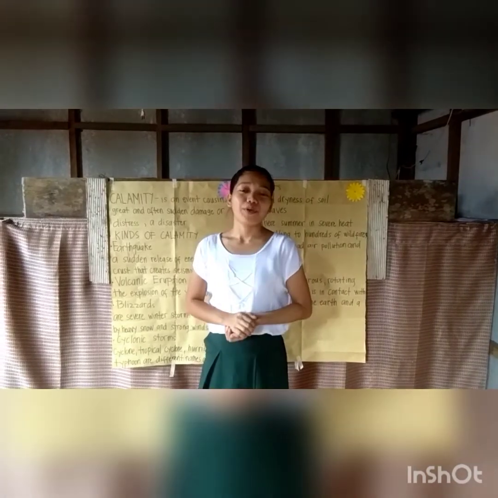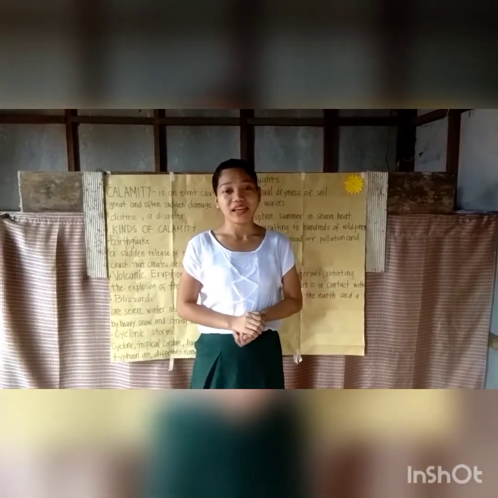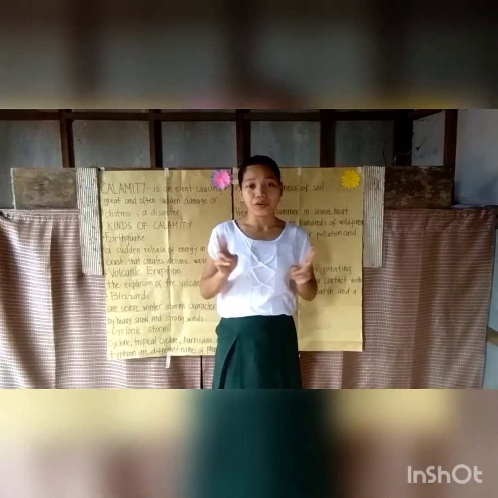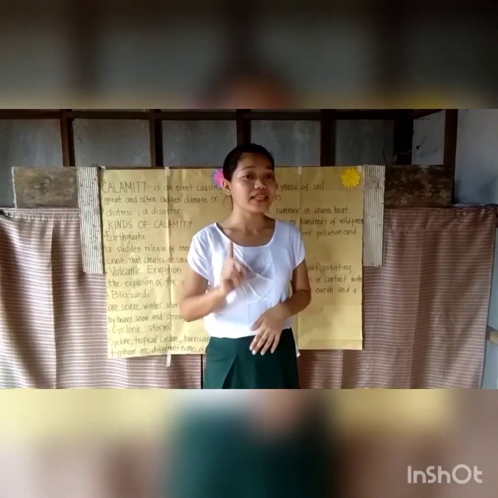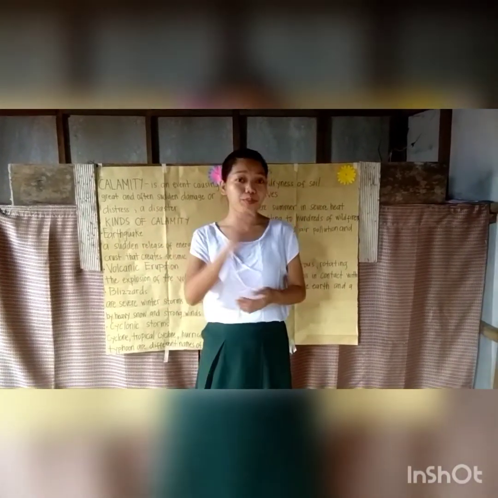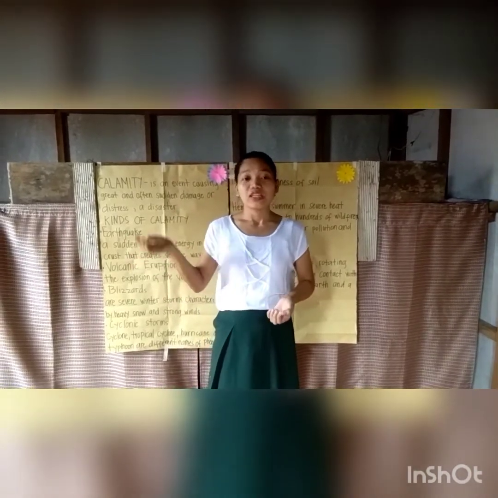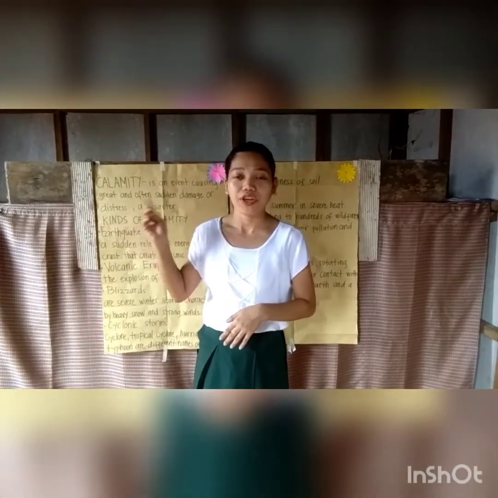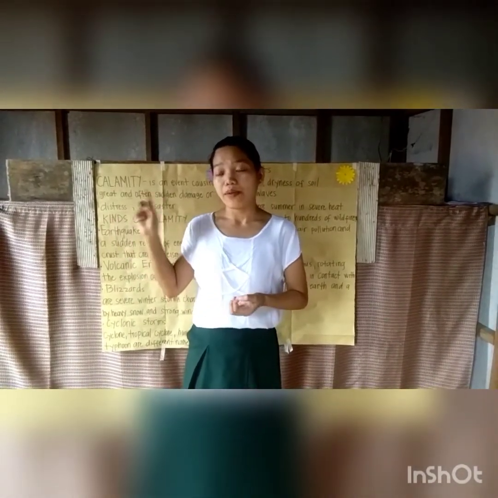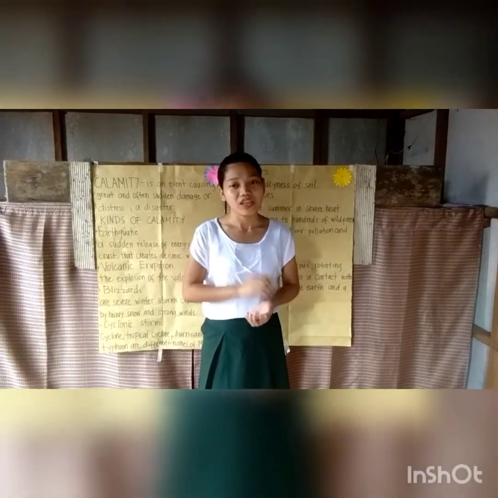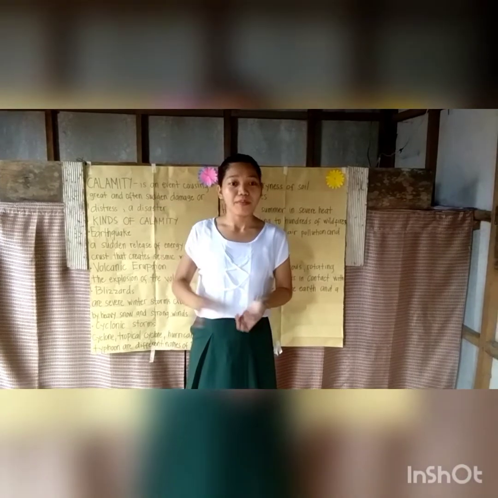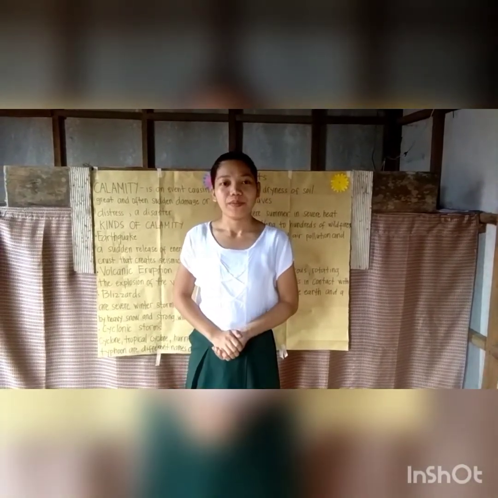Now we will have another activity. I need your cooperation and participation in this activity. The class will be divided into 2 groups. Each group will choose a representative to share their output in the class, or in other terms, a report. But before that, students, form a circle to brainstorm or share your ideas about the topic and make a graphic organizer about calamity from what we discussed.